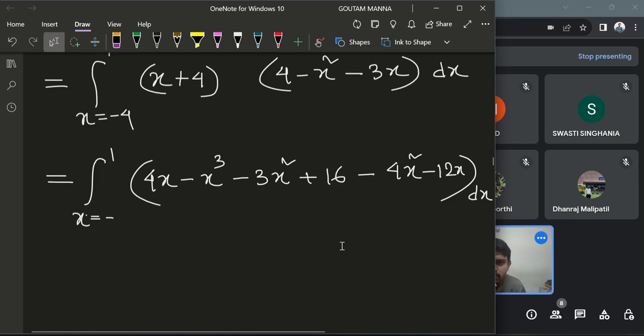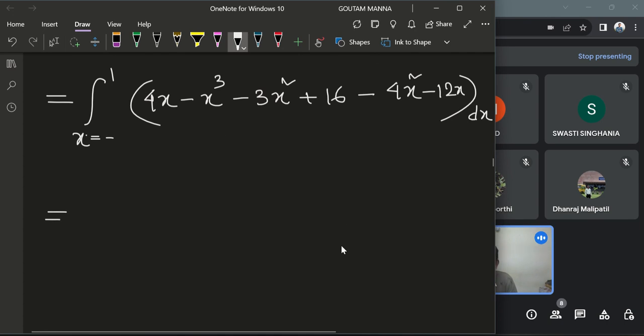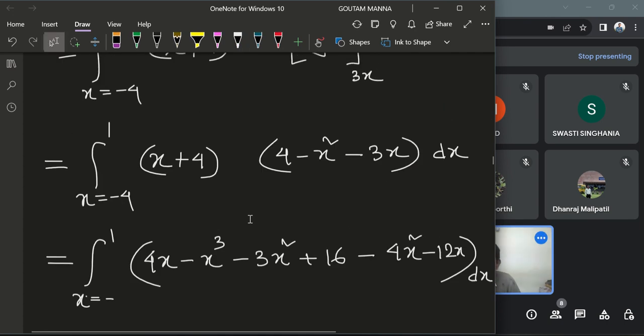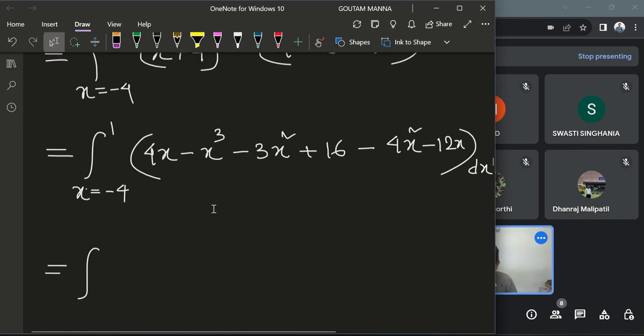Yeah, so right. And if I do a little simplification, x goes from minus 4 to 1.